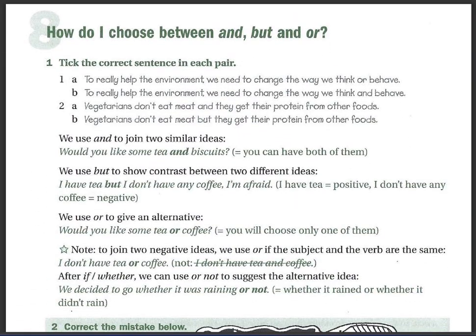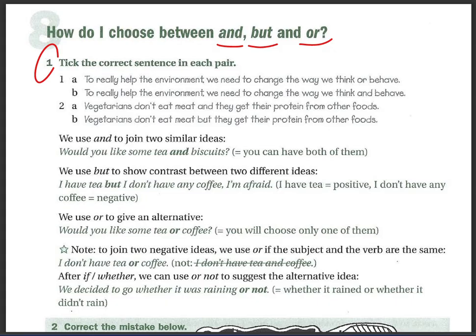And actually, Unit 8. How do I choose between and, but, or? Yeah. And, but, or. How to choose among these 3? 1. Tick the correct sentence in each pair. Let's do it together. 1a.